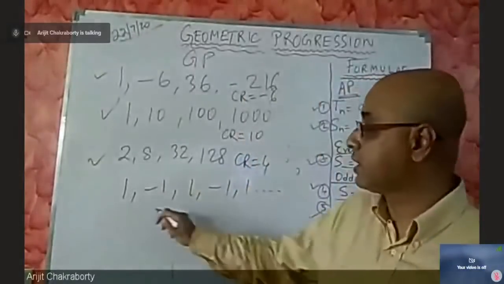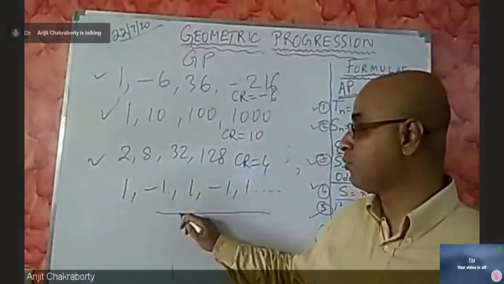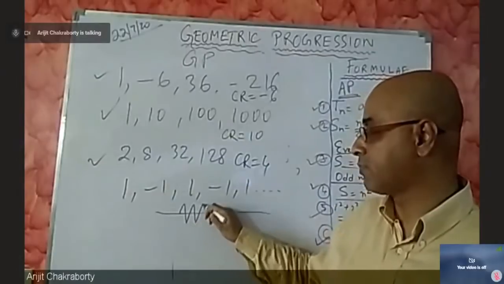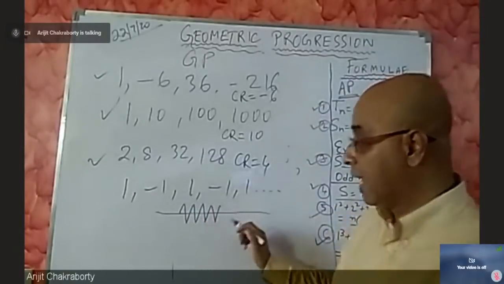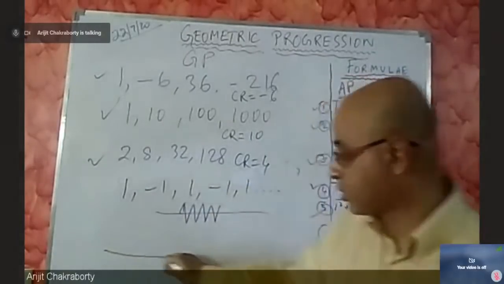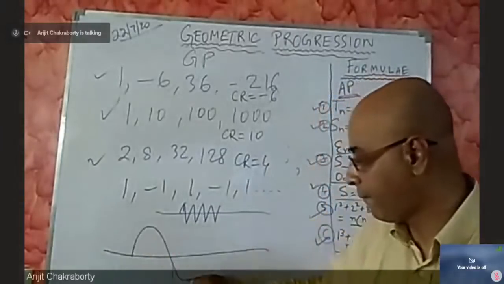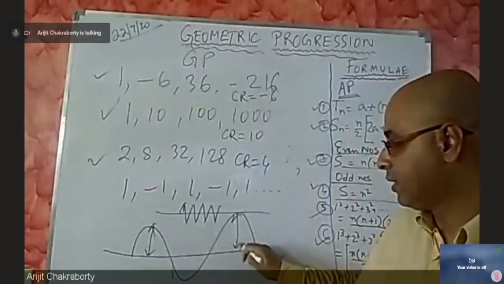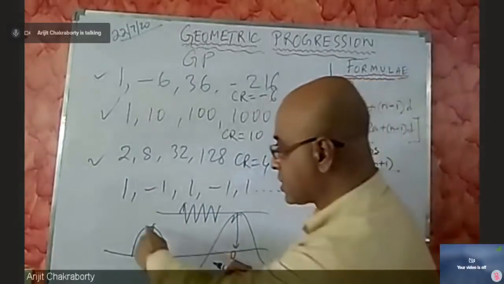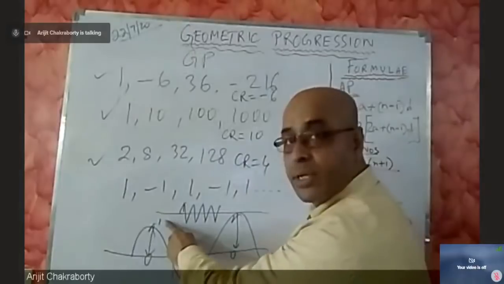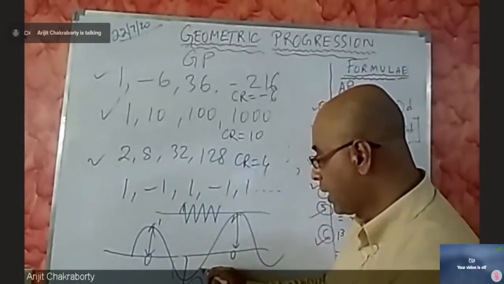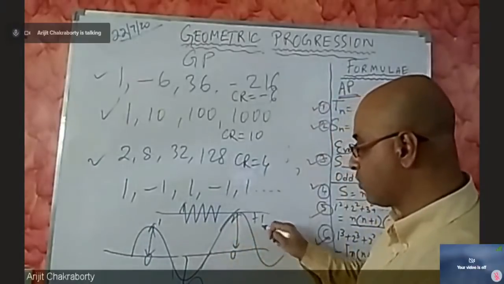So again, this is of that type where it goes to the plus side, minus side, plus side, minus side. If I draw this curve like this, this is called the amplitude. This is 0, and this is 1. Once it reaches plus 1, then again it comes down. This is minus 1. Again it comes to 0, again it goes to plus 1.